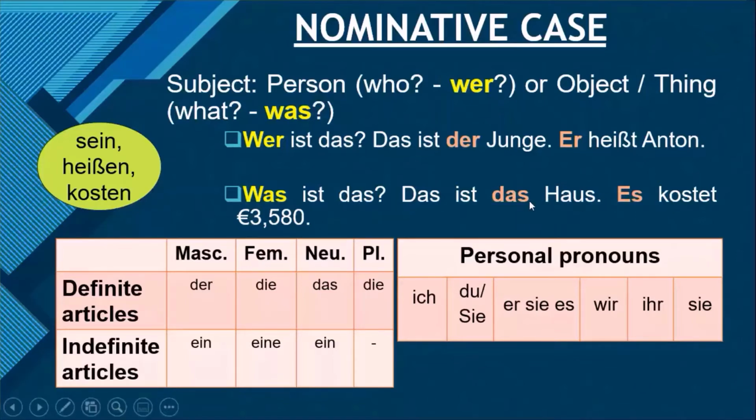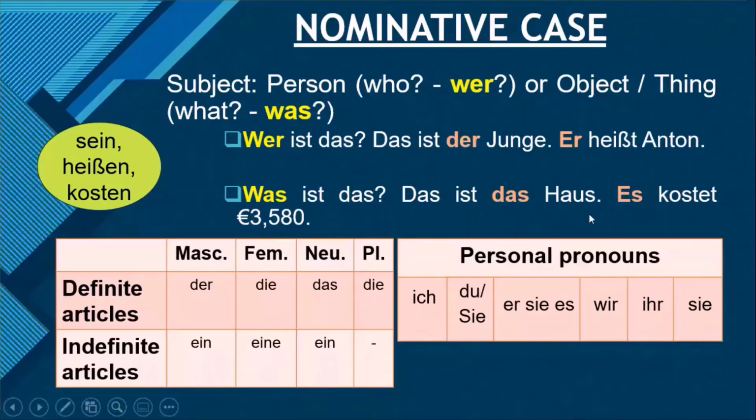Or in place of das, if I want to say that is a house, das ist ein Haus. So the a in the English language or the an that is sometimes used can have ein, eine, ein forms in the German nominative case.